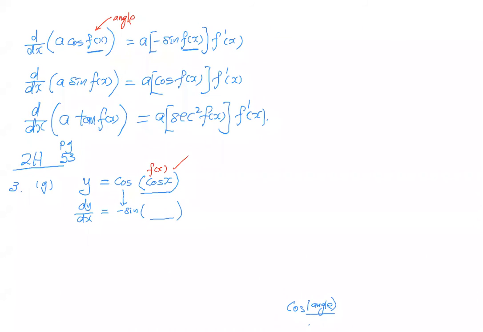Ethan, yeah, thank you. So I have to write down cos x here. Then I have to write down the derivative of the angle. So what is the derivative of cos x? Negative sine x? Yes, you are right. So then that's it, right?